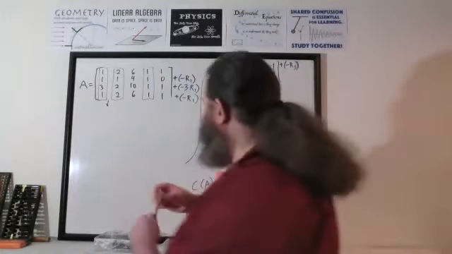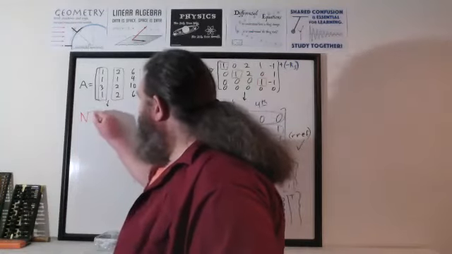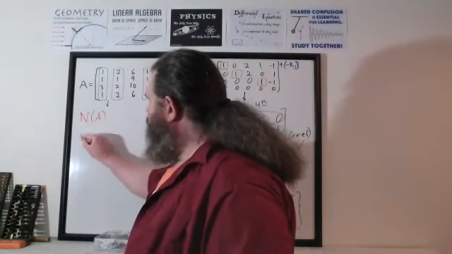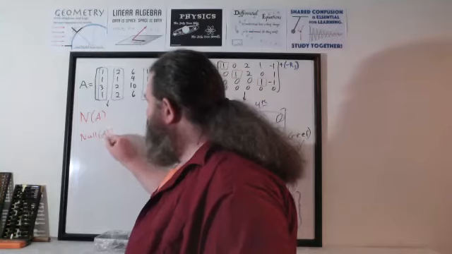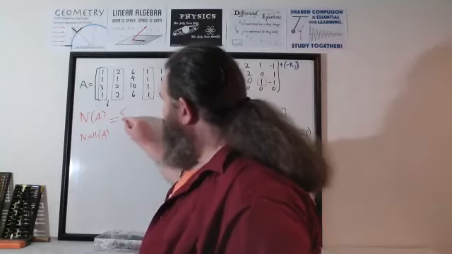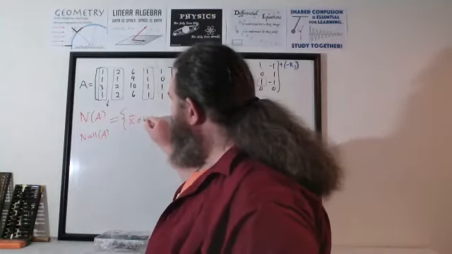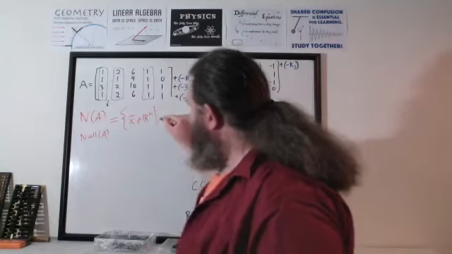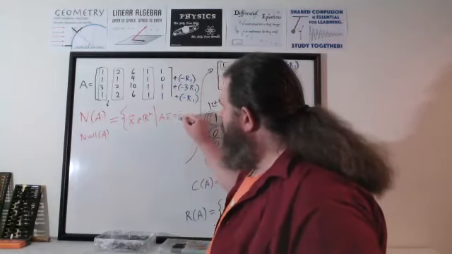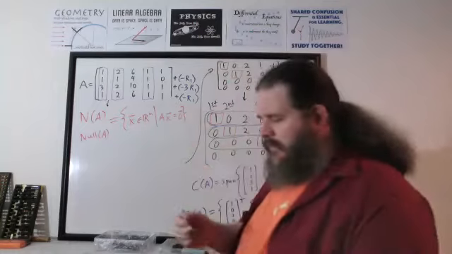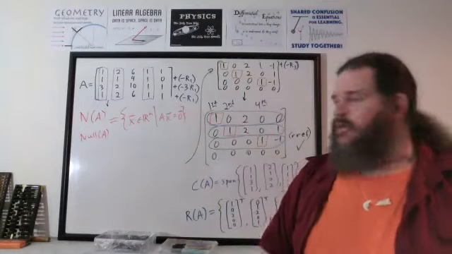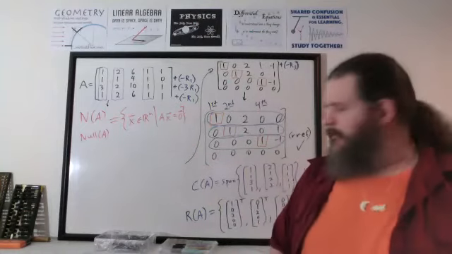Yeah, exactly. The null space of a matrix, sometimes written as N(A) or sometimes actually written out null(A). Either way, it equals the set of all x in Rn such that Ax equals the 0 vector. In other words, all solutions to this equation Ax equals 0.